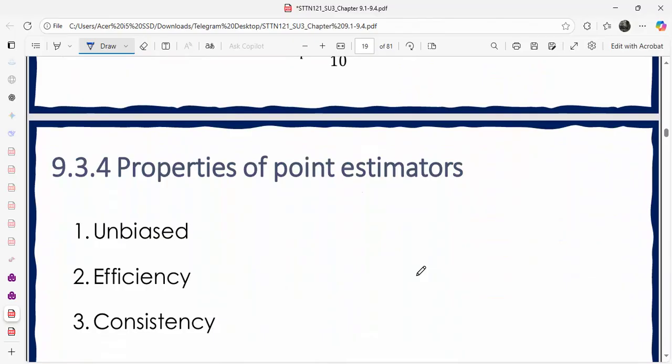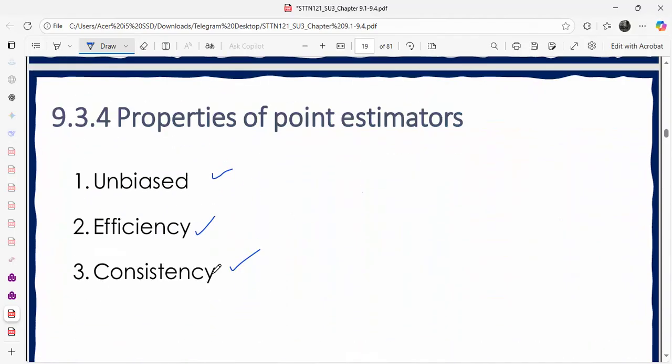And again, it is very important for you to know the properties of the point estimators. Property number 1, it's unbiased. Number 2, efficiency. Number 3, consistency. So those are the properties of the point estimators.